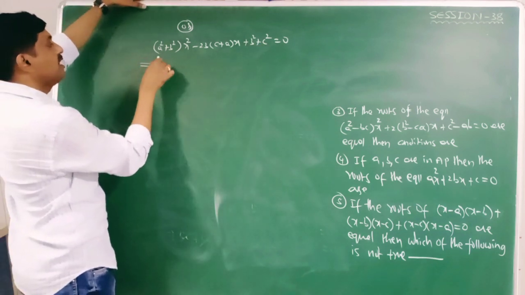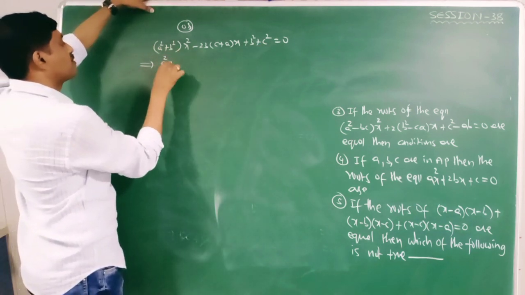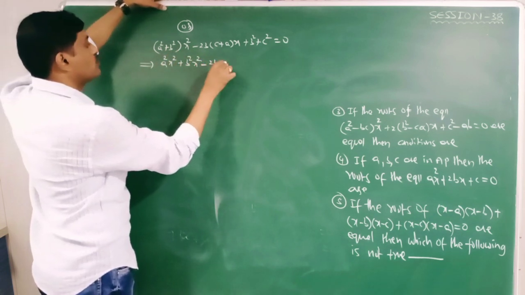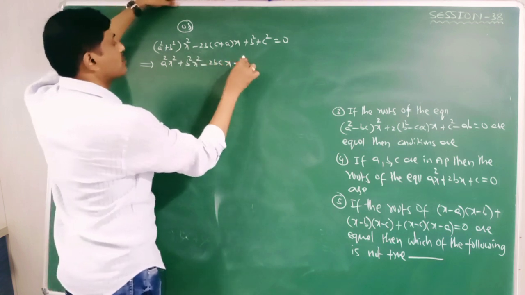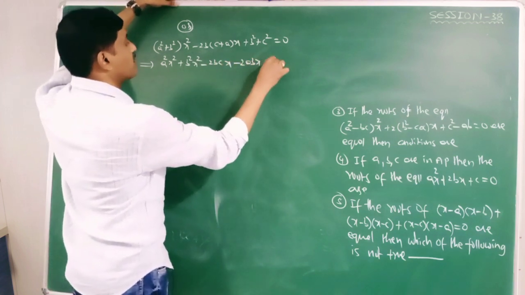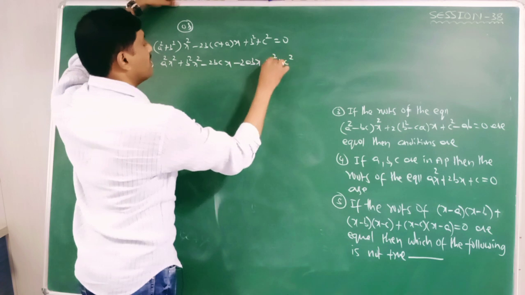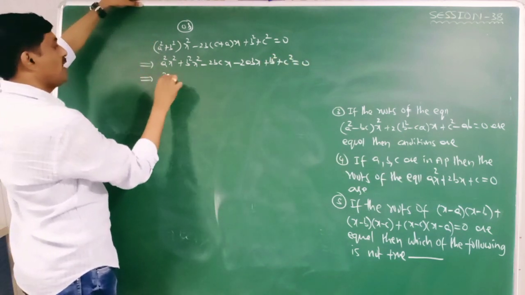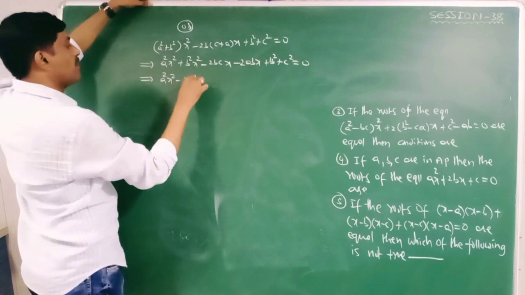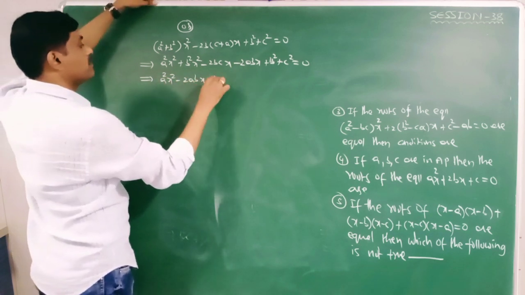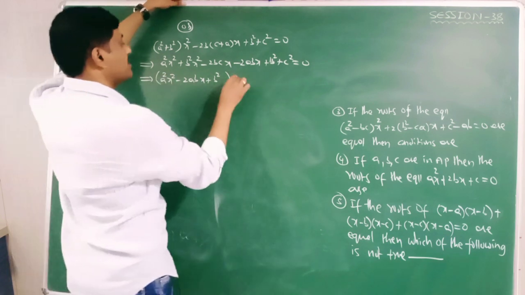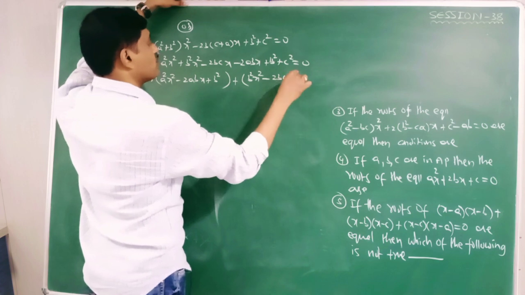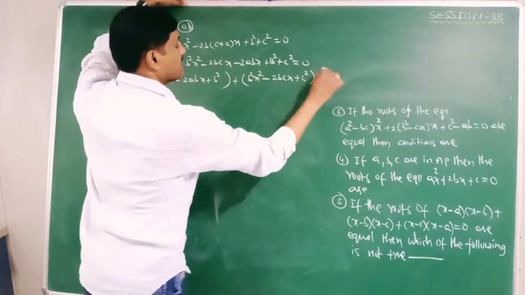Once you expand this, we get a²x² + b²x² − 2bcx − 2abx + b² + c² = 0. Here, a²x² − 2abx + b² is one bracket, and this is b²x² − 2bcx + c² = 0.